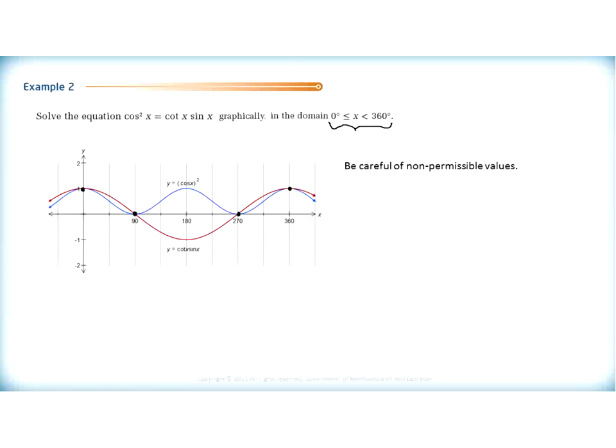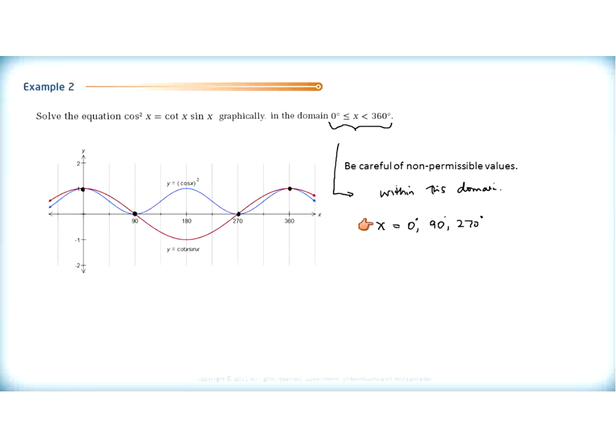Within this domain, you should agree that we've only got 3 solutions, and that would be 0, 90, and 270. Because we know that x is between 0 and 360, but not including 360. So my answer of 360 is not a possible solution, because x cannot equal 360. It has to be less than 360.